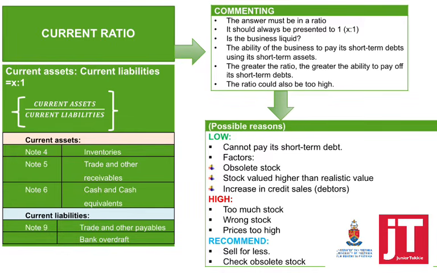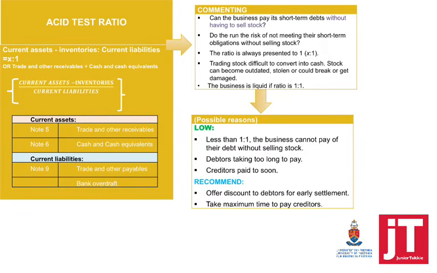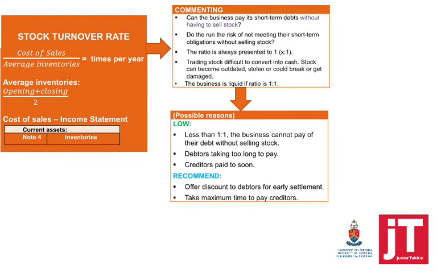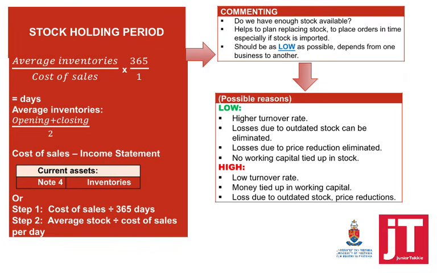In your theory booklet, as well as the workings here, you would notice for the current ratio, an explanation is given of exactly how to comment, possible reasons if it's low or high, and what to recommend. For each and every single liquidity financial indicator, there's an explanation. Again, make sure that you study it and know exactly how to comment.